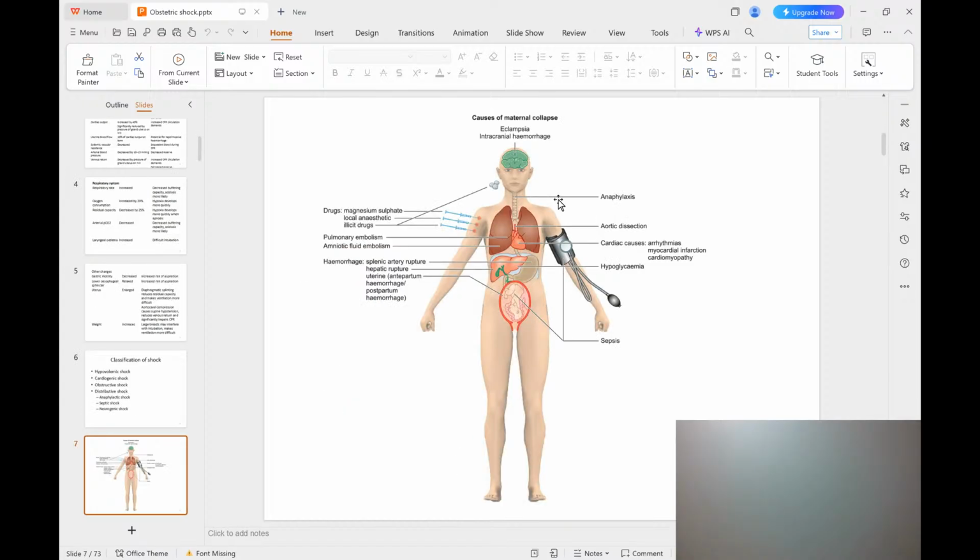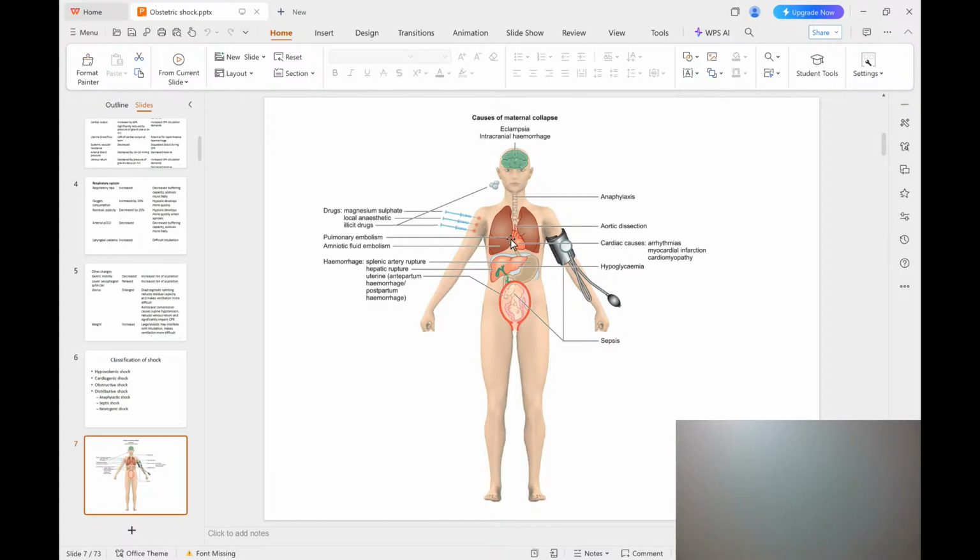So this is the picture that depicts causes of maternal collapse, starting from the head: eclampsia and intracranial hemorrhage, then anaphylaxis, and drugs like magnesium sulfate, IV anesthetic drugs, local anesthetic drugs, or drug abuse.